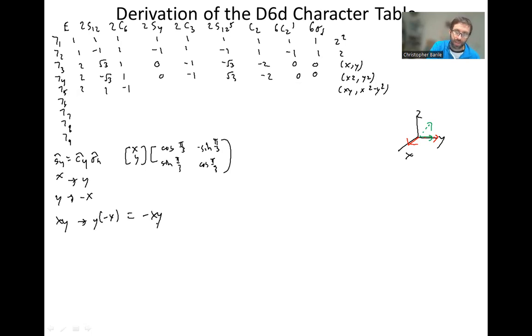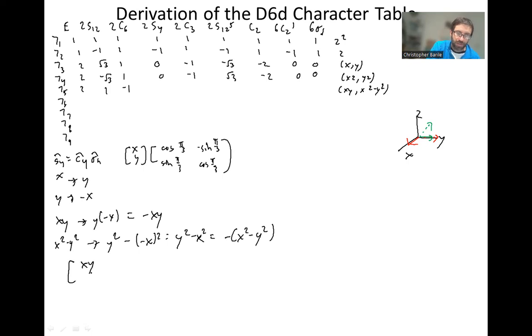So the character there is looking like a negative 1, but of course, we have to have xy and x squared minus y squared transforming together. So x squared turns into y squared because x went to y, and the negative y squared is minus quantity negative x squared, which equals y squared minus x squared, which equals negative quantity x squared minus y squared.